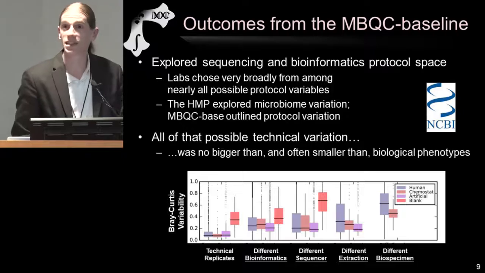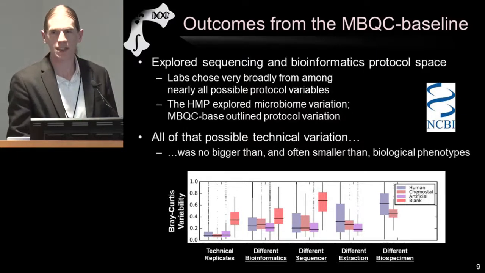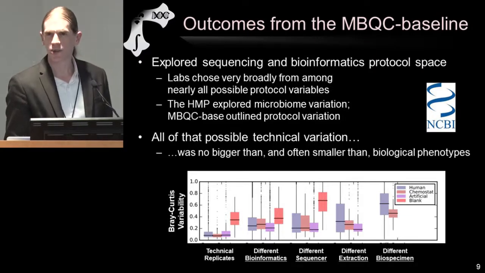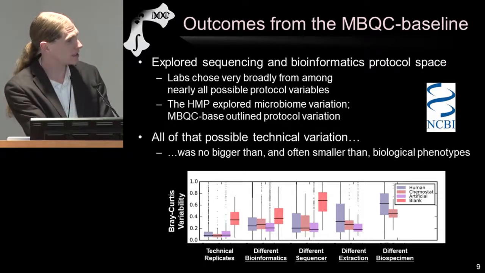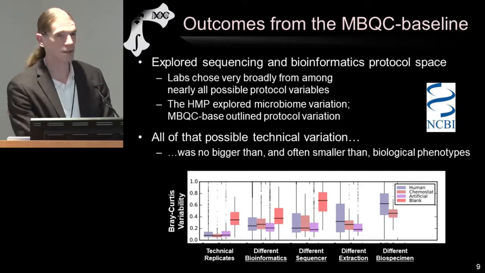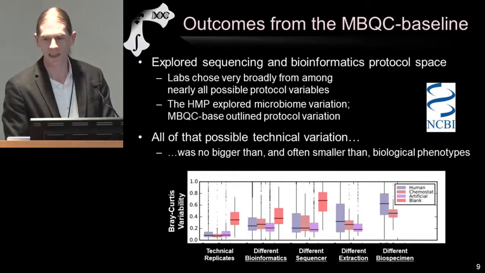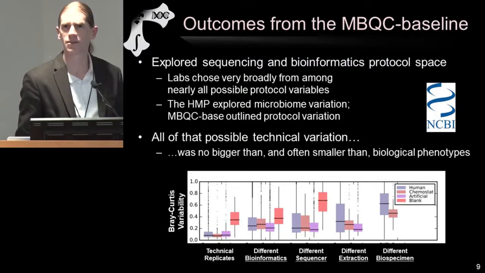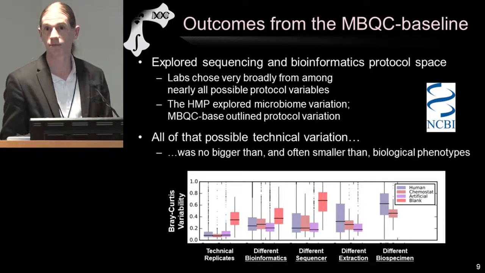So on average, the differences between biospecimens were the largest measurable signal in the data, followed by differences in some of the data generation variables, especially because this was amplicon sequencing and nucleotide extraction, the rest of the sequencing protocols, differences in computing, and then a baseline level of noise that was present even in technical replicates.